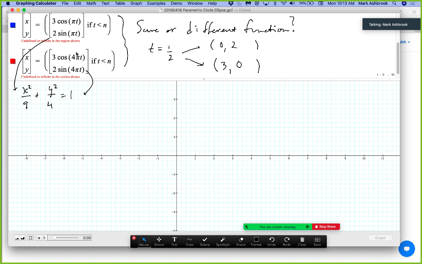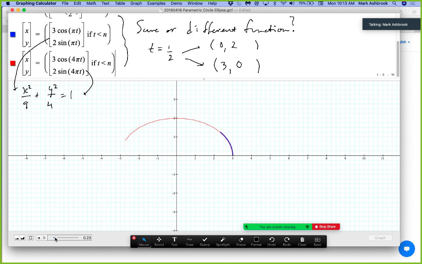So the rate of generation will be 4 times as great, and in just 0 to 1/2, we'll get a full rotation of the red graph. The red version has already made it half of the ellipse at t equals 1/4, where the blue version has only made 1/8 of the ellipse.